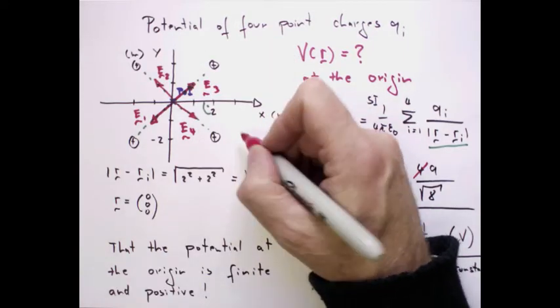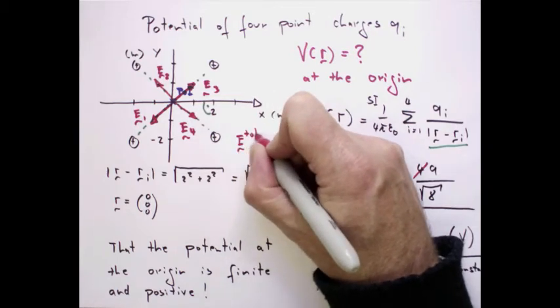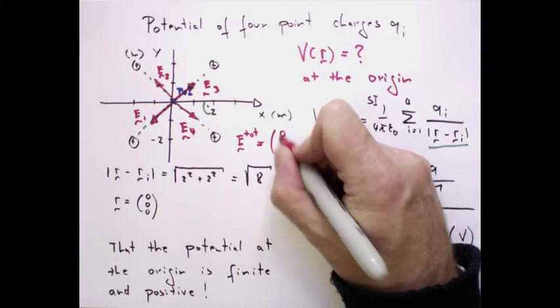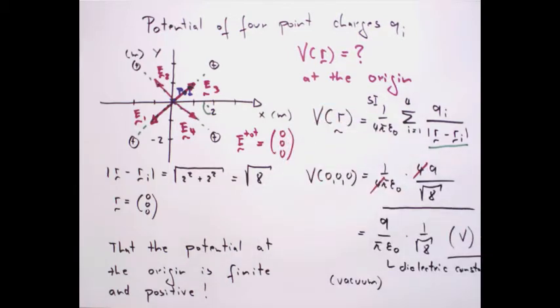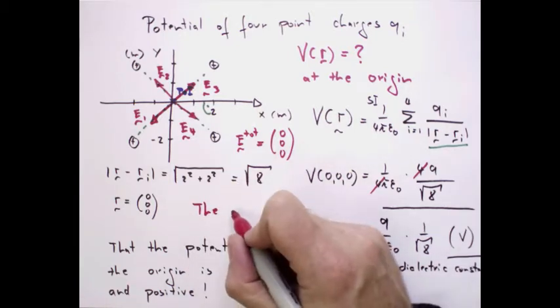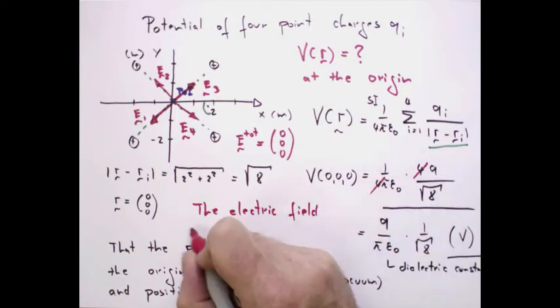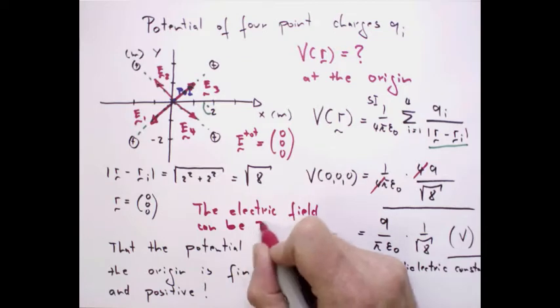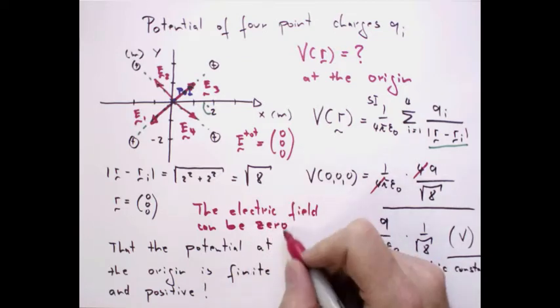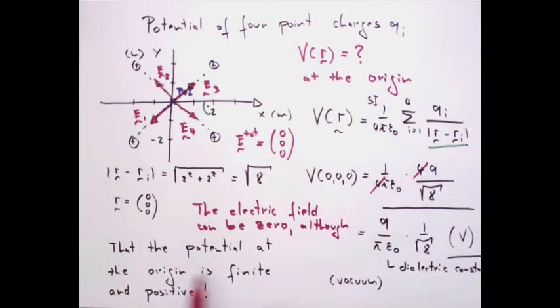And if we work out the net electric field, then that is equal to 0. So you can see that the electric field can be 0 although the electric potential at the origin is finite and positive.